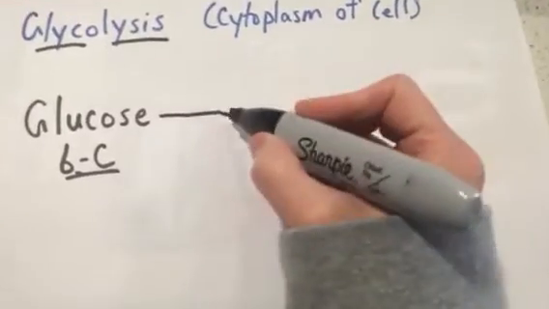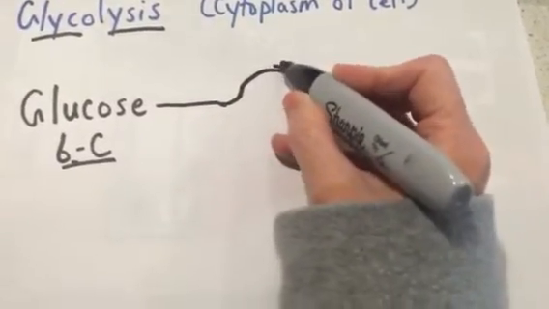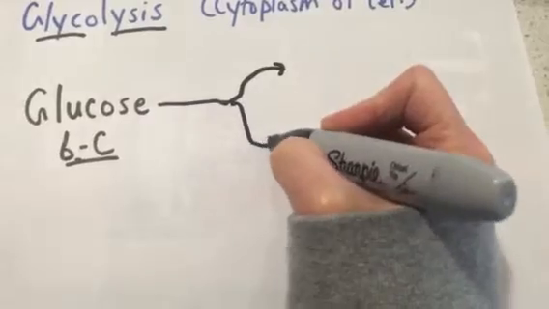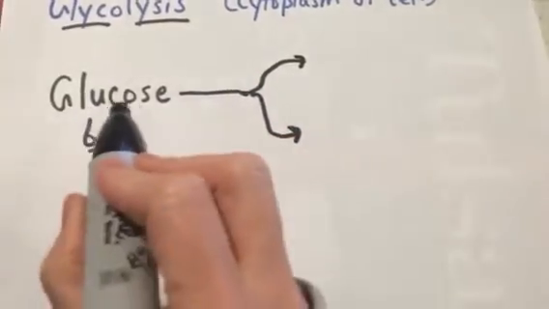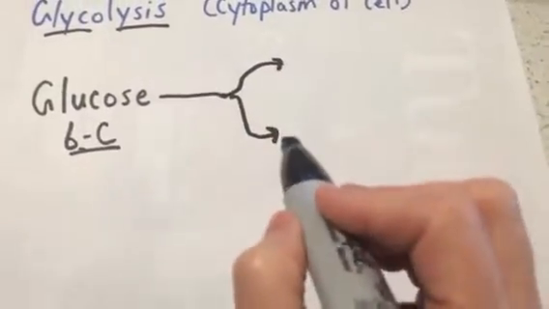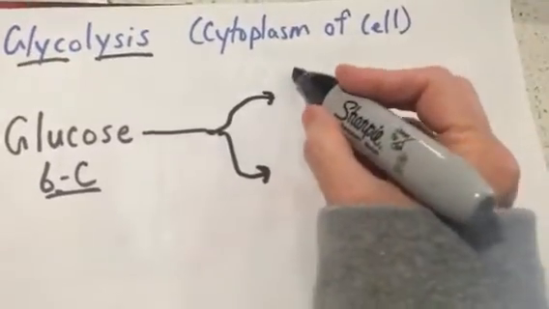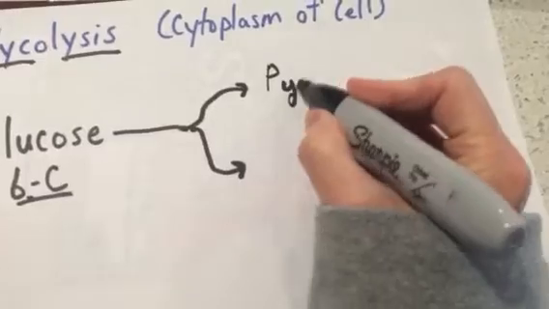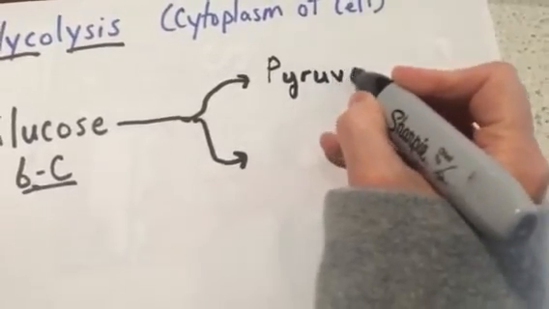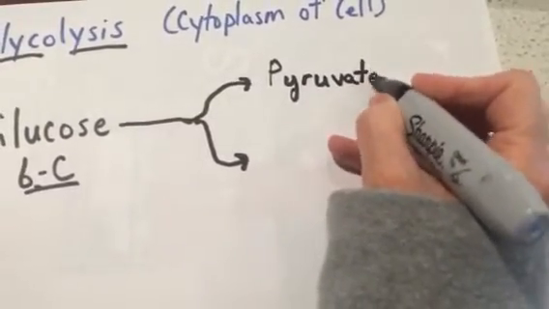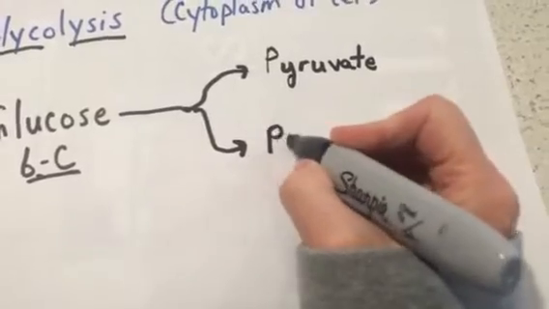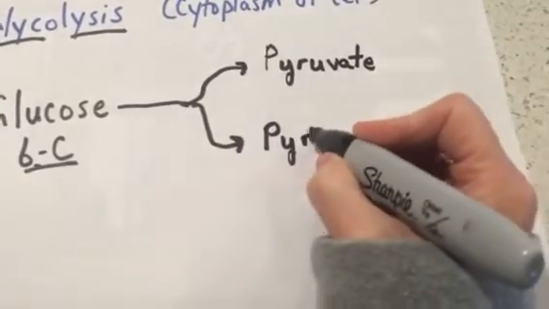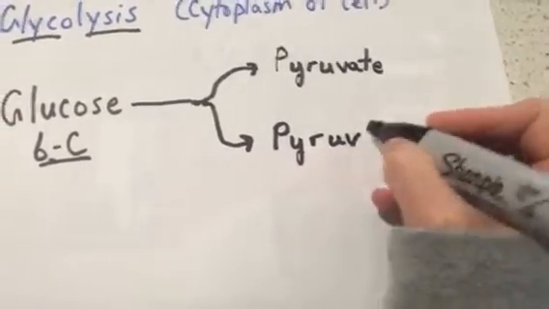So when I do this, I like to draw an arrow splitting. The molecule of glucose will be split into two molecules of pyruvate. Now, pyruvate can also be called pyruvic acid. I'm going to write pyruvate because it's shorter, but it goes by both names.